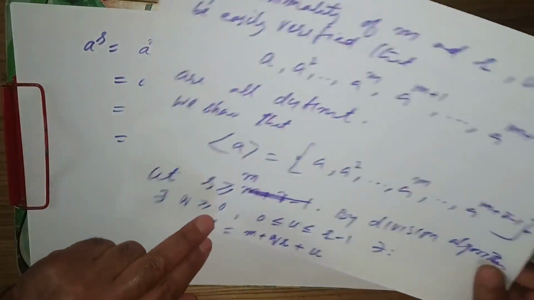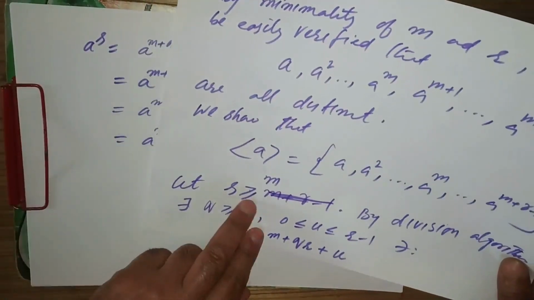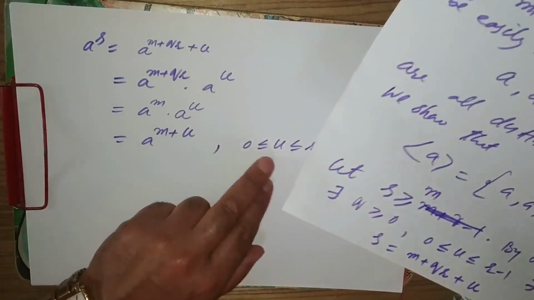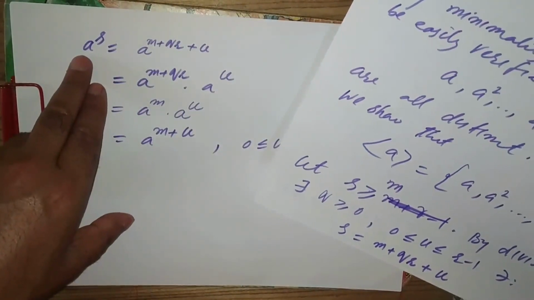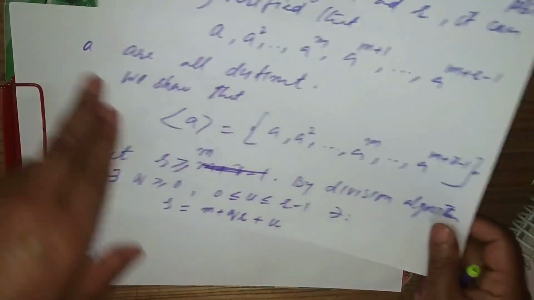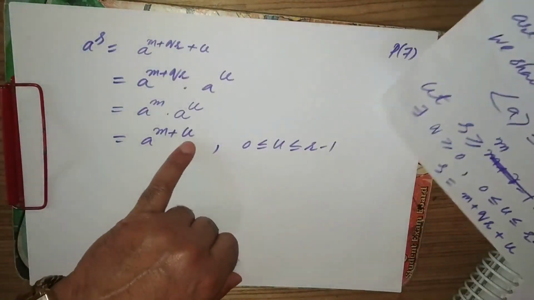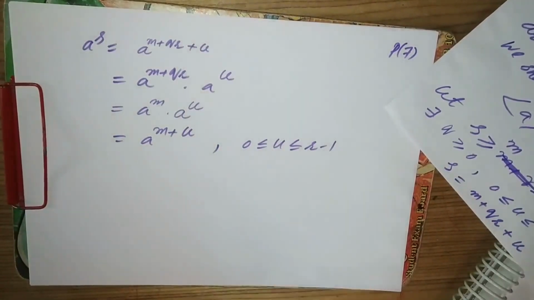If s is greater than m, then a power s is equal to a power m plus u, where 0 less or equal to u less or equal to r minus 1. So that means any power of a which is greater or equal to m is either a power m or a power m plus 1 or a power m plus 2 and so on, up to a power m plus r minus 1.